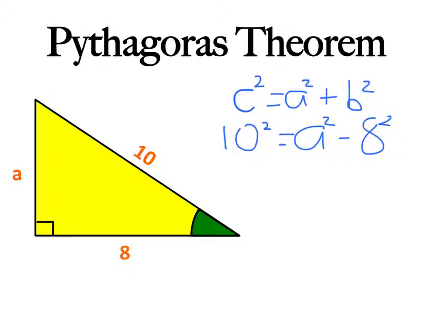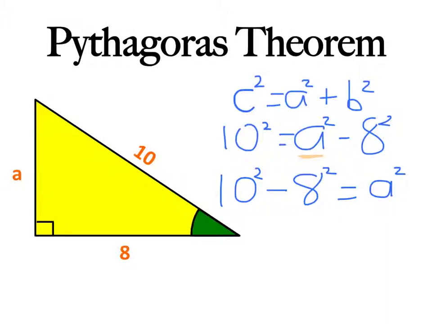Okay, now, that's weird. But 10 squared equals a squared minus 8 squared, they're on the wrong side. Oh, wait on, I see what I can do. If I'm looking for this little guy in here, certainly I could just go 10 squared, but instead of adding, I'll subtract this side, 8 squared, and that will give me my a side, okay?